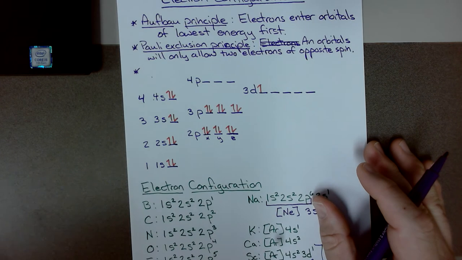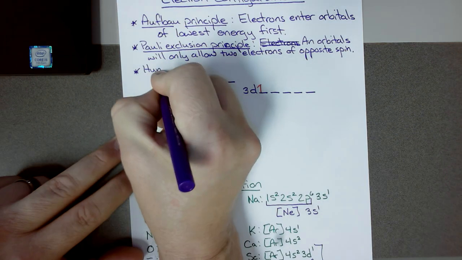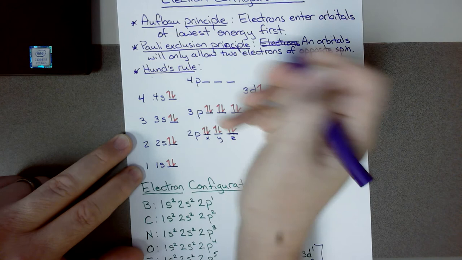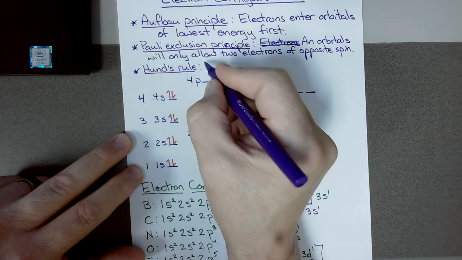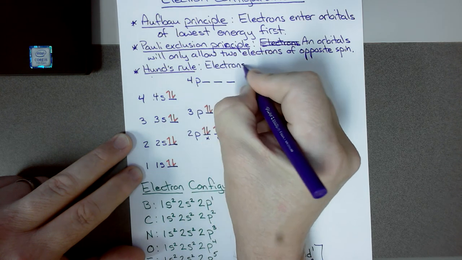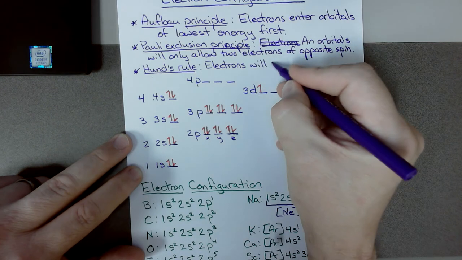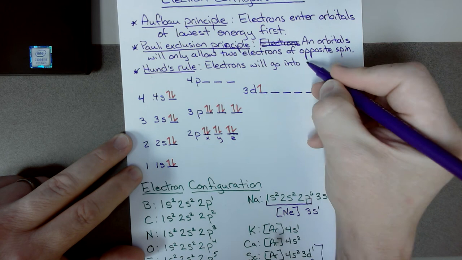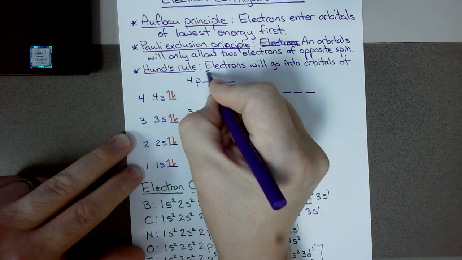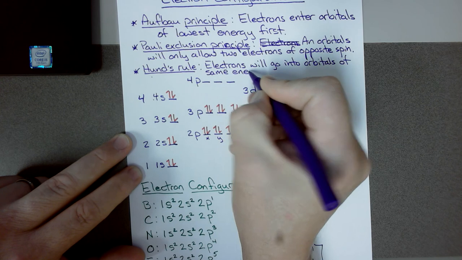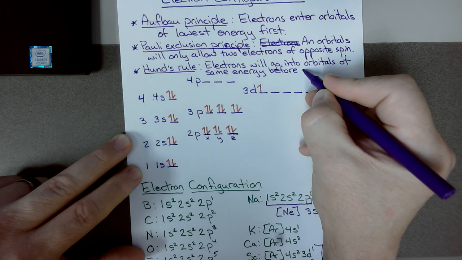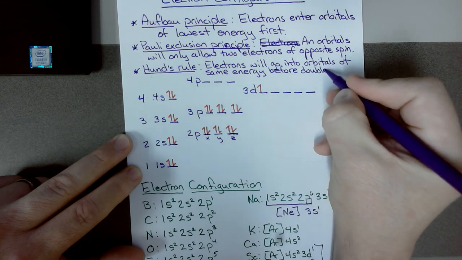And Hund's rule states that electrons will go into orbitals of same energy before doubling up.